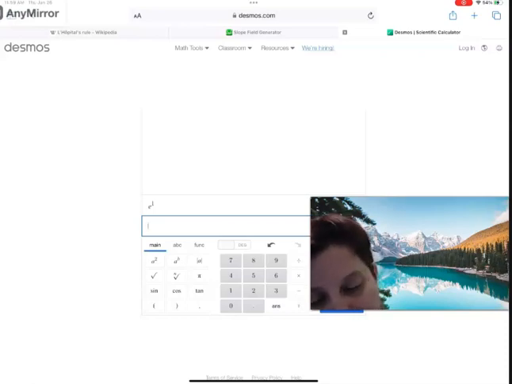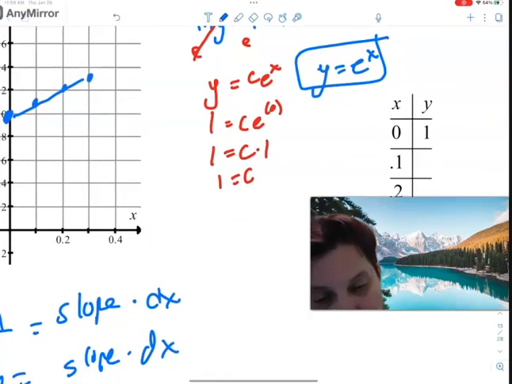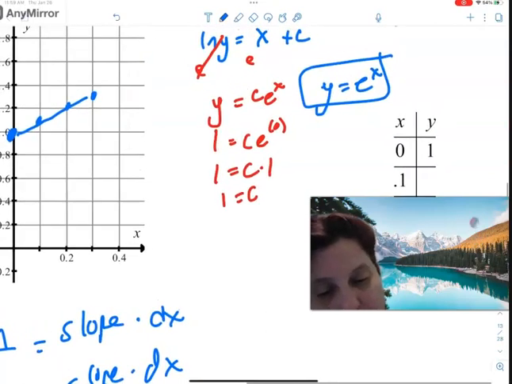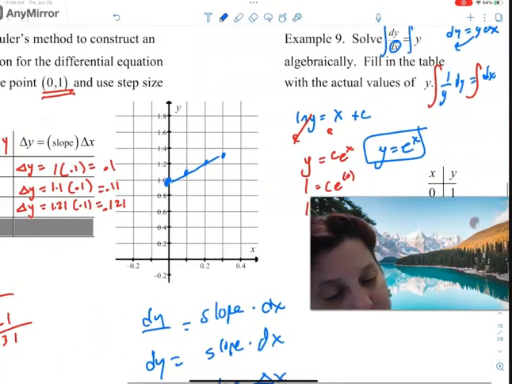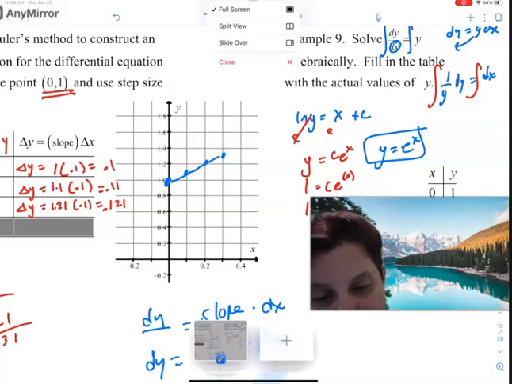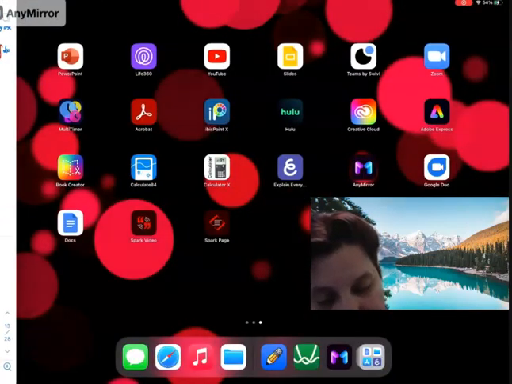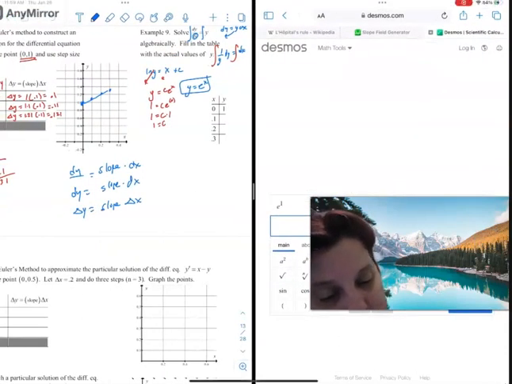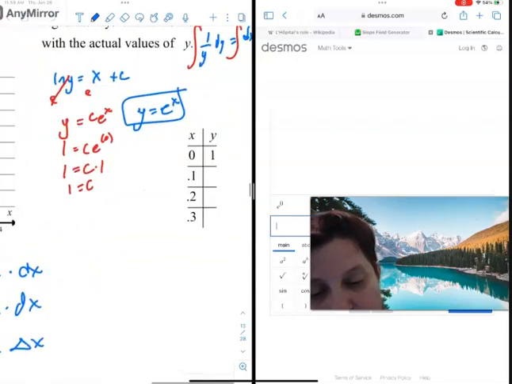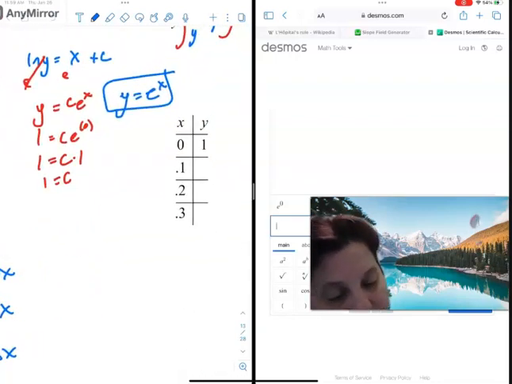And then I was going to do e to the x. Oh, sorry. e to the 0 is what I'm starting with. Shoot. Let's do a split screen here. Okay. There we go. Sorry, my bad. e to the 0 is 1. So that's my first point right here, (0, 1).